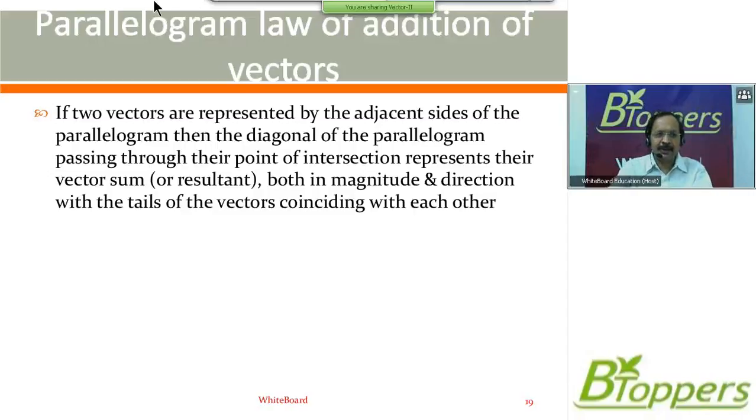So look at the statement of the parallelogram law of addition of vectors. If two vectors are represented by the adjacent sides of the parallelogram, and the diagonal of the parallelogram passing through their point of intersection represents their vector sum or resultant both in magnitude and direction, with the tails of the vectors coinciding with each other.